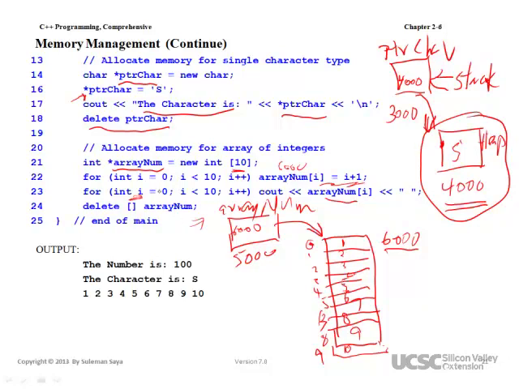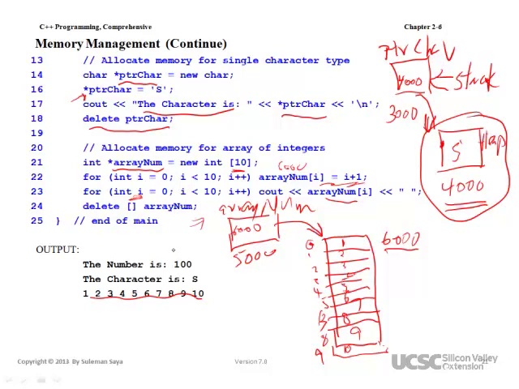So again, the for loop will have I declared and initialized to 0, and then compared with less than 10, and then we have the array name, array num, and the ith value. So we go through each element of the array. Once all this is displayed right here, okay, we come to line number 24.